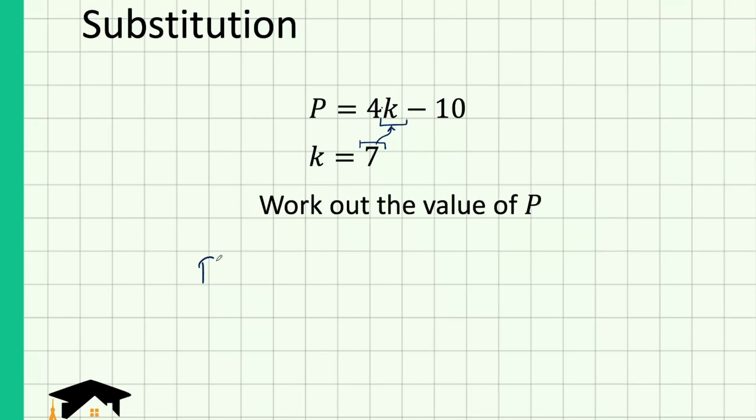So p is going to be 4 times 7 minus 10. 4 times 7 is 28. And 28 minus 10 is 18. So the value of p when k is equal to 7 is 18.